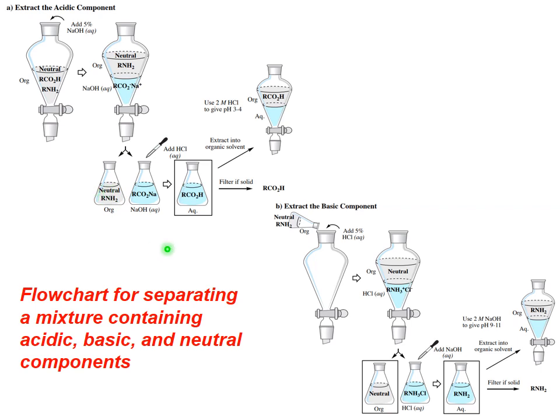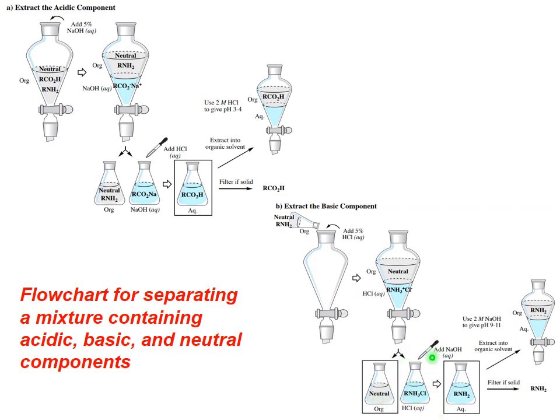Now, from here, we need to separate our neutral compounds and our amines, the basic compounds. We add hydrochloric acid to this, so our protonatable basic compounds go into the aqueous phase, and our neutral compounds stay in the organic phase.